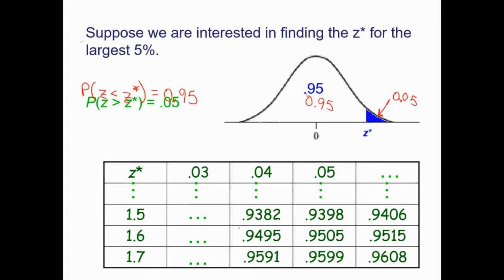Oh wait, these are the same distance, right? That's right. These are the same distance, so we split the difference. And we're going to use 0.045.